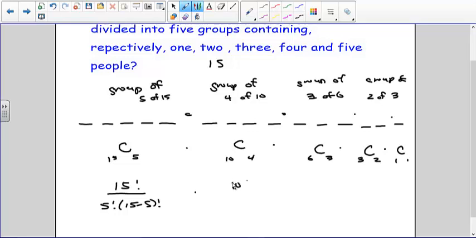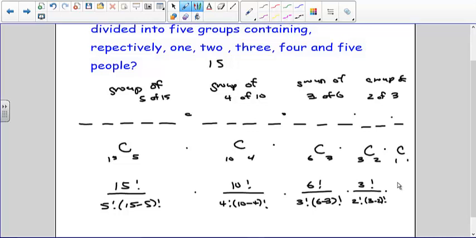This one would be 10 factorial divided by 4 factorial times 10 minus 4 quantity factorial. 6 factorial over 3 factorial times 6 minus 3 factorial. And this is 3 factorial over 2 factorial times 3 minus 2 factorial. And this one is 1 factorial over 1 factorial times 1 minus 1 factorial.